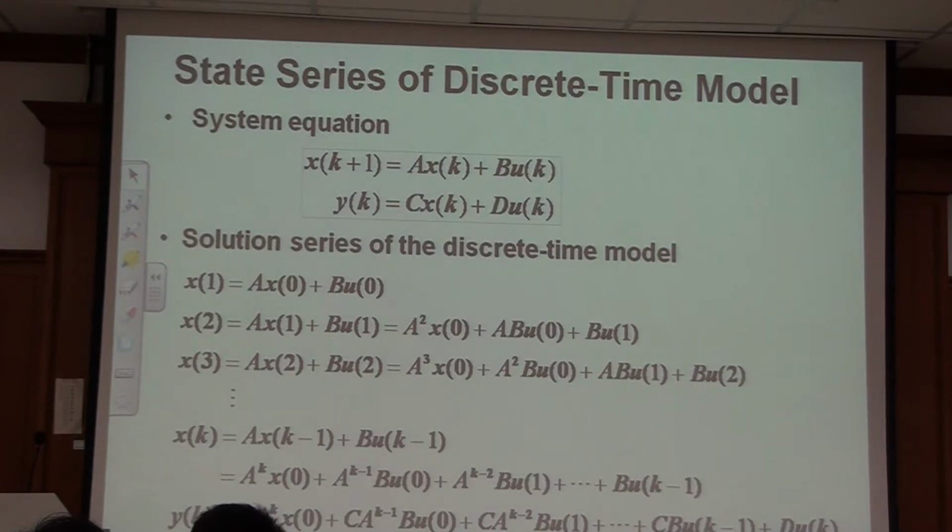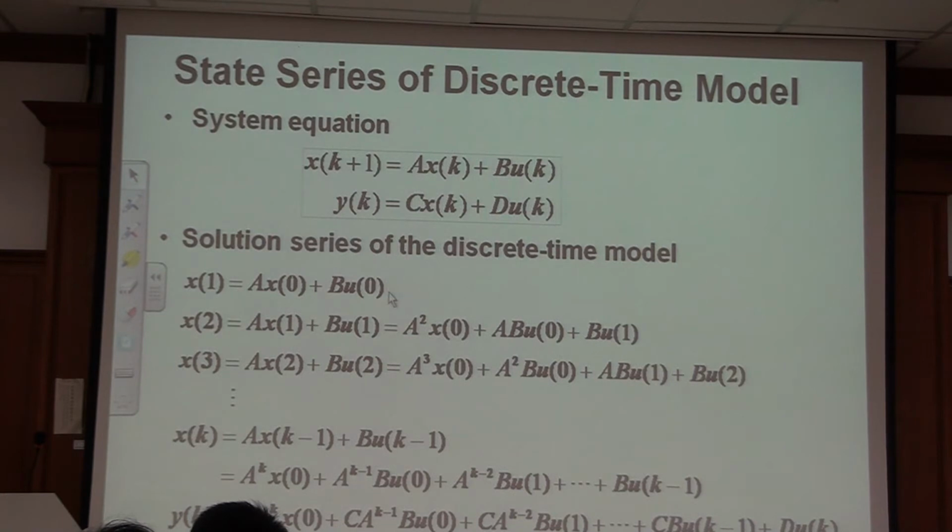That's the initial time. Alright, and k equal to 1 means k times delta t, that means delta t. Because of those k, I just ignore the delta t, those things.